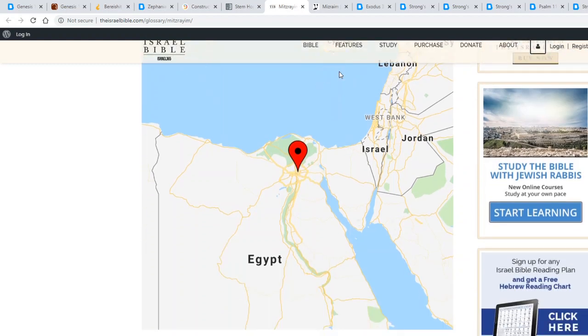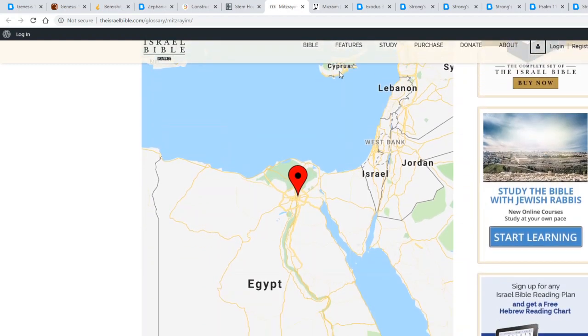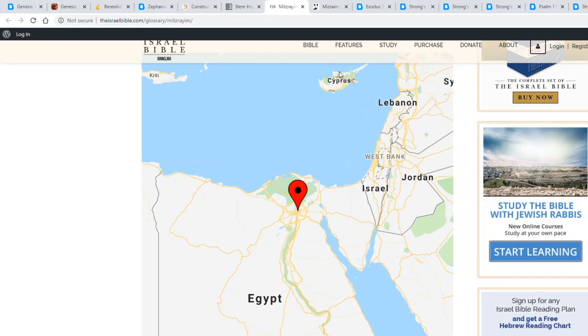Okay? So in Hebrew, the word for Egypt is Mitzrayim. We are going to talk about the symbolism there, because in Hebrew it sounds like certain things, right? We'll get into that. But obviously this is symbolism.